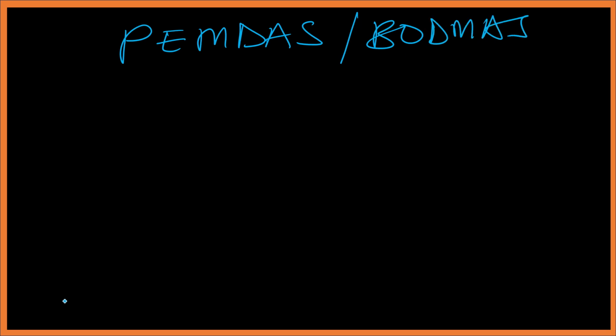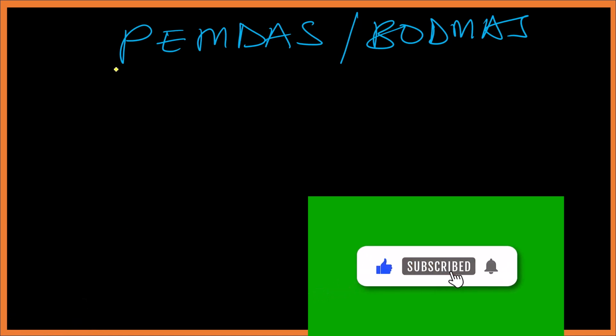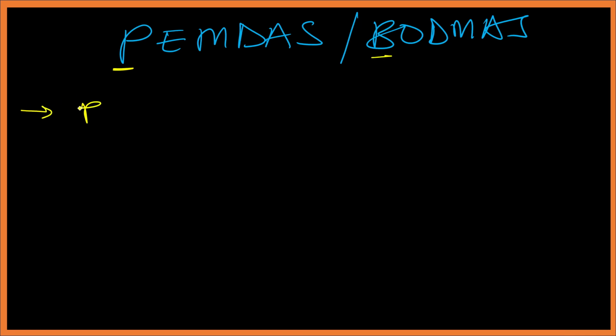So these are the order of operations that we need to take note of. So I will start with the first one, P and B. The P stands for parenthesis, or B for bracket.